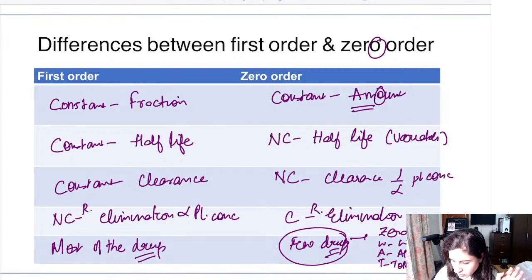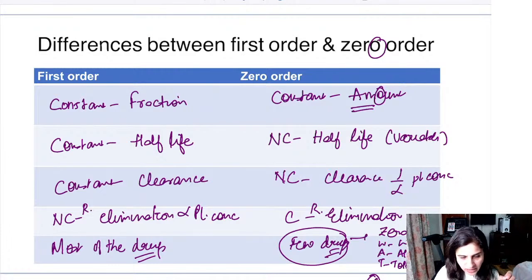Let me write it a little higher. P, power's P, is your phenytoin. Okay, warfarin, alcohol, tolbutamide, phenytoin are the most important drugs to be remembered for the drugs following zero order kinetics. So they all follow zero order kinetics. This is important for the first order as well as the zero order.